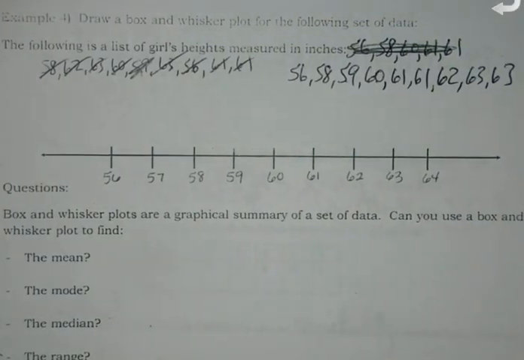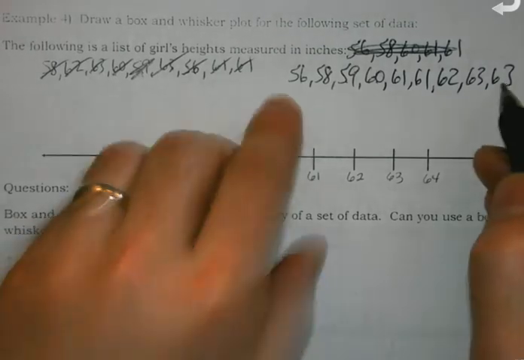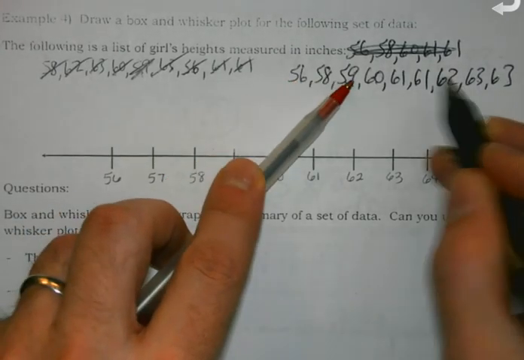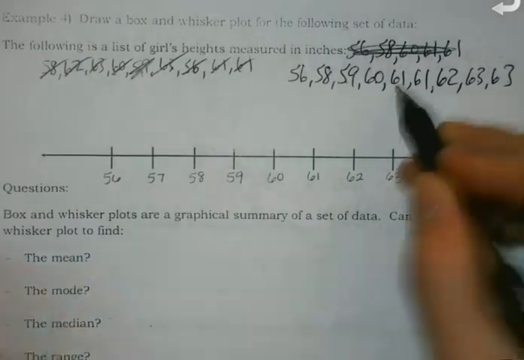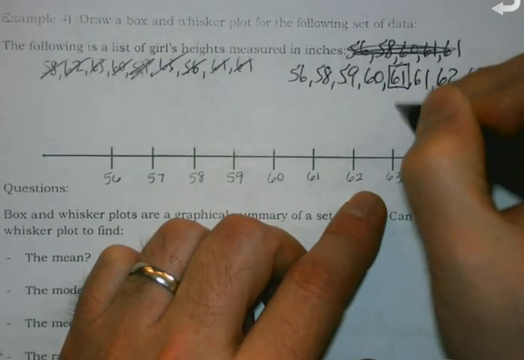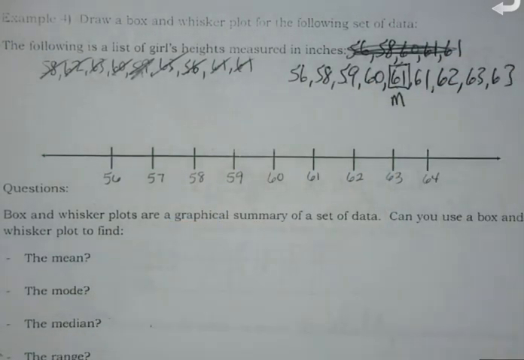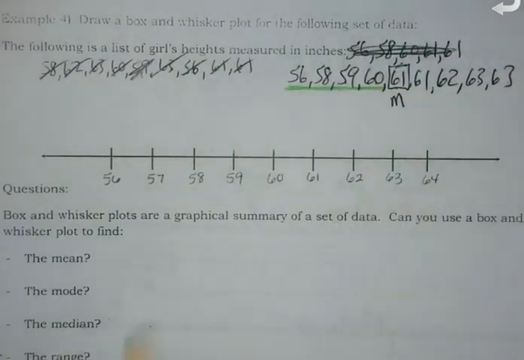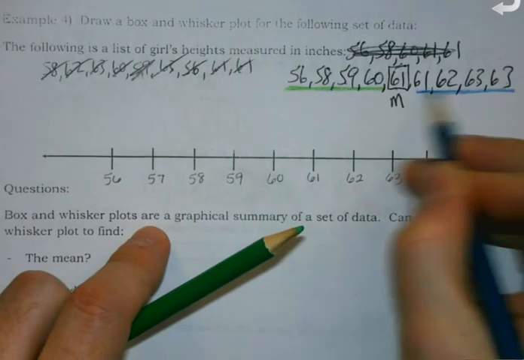Again, once I get that part set, now my job is to go in and find my pieces of this that I need. I have a single median this time, which means it will not be included when I am trying to figure out my first and my third quartiles.